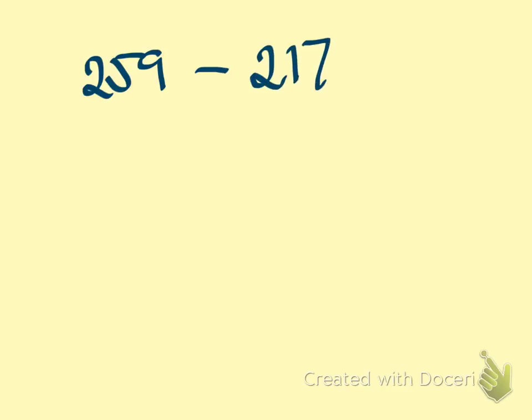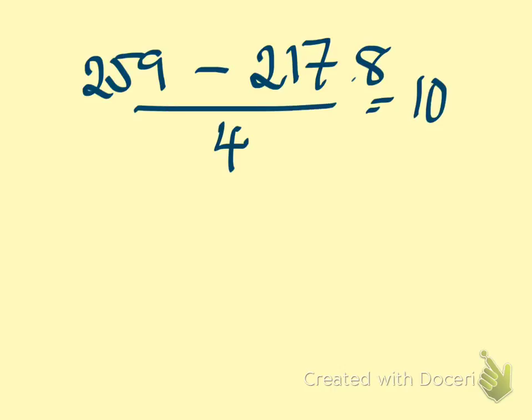To calculate the standard deviation, we simply square root the variance. So if you remember, 259, which is the sum of squared x's, minus the sum of x's squared, which is 1089 divided by n, which is 5, giving us 217.8, divided by 4 gives us 10.3, which is the variance.